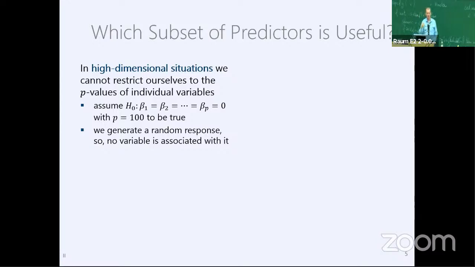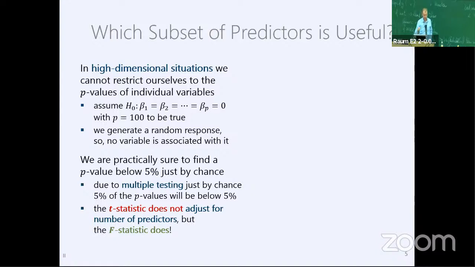So suppose now that we have 100 predictors, and the null hypothesis is true, right? I mean, we have 100 predictors, and there's no relationship from each predictor to the actual output. We generate some random data. Now, if I do this often enough, if I generate not one data set, but many, on one or many of those data sets I will find at least one coefficient that is significant, right?